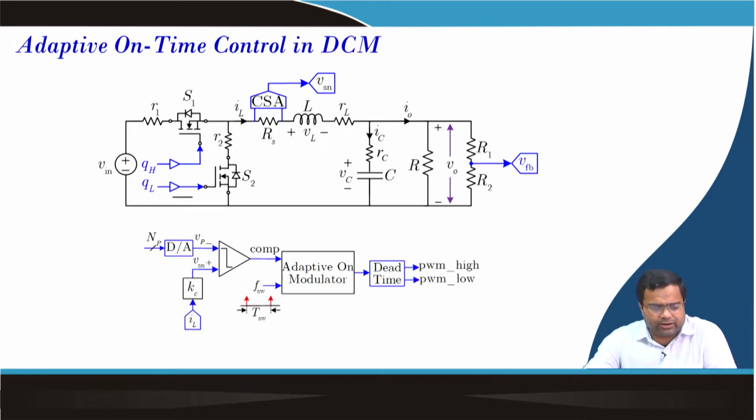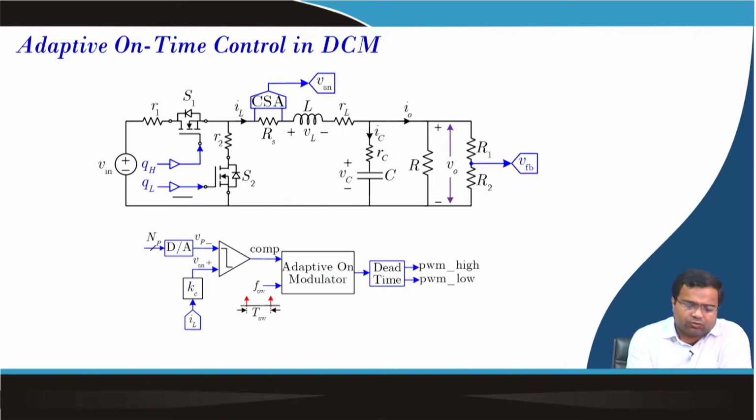And now we are going to talk about the adaptive on time digital control, how to implement it using FPGA. So, what are we talking about? We are talking about this part. This is the current reference, coming from the digital domain, and this is your DAC.